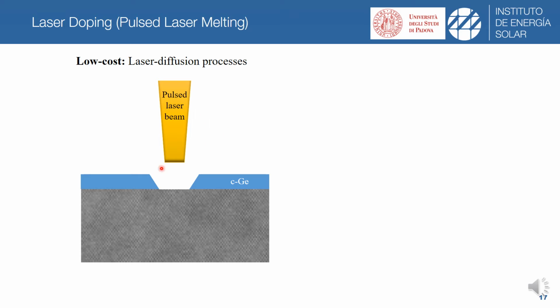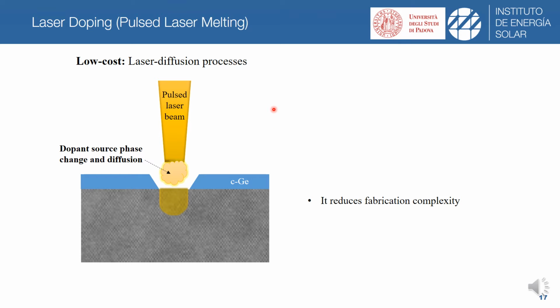So we can achieve simultaneous opening of the dielectric layers and diffusion of dopants in liquid state at a rate several orders of magnitude higher than in solid state. And after we have stopped laser irradiation and the energy has been dissipated to the surroundings, we also achieve a very fast epitaxial recrystallization of the semiconductor, on the order of meters per second.